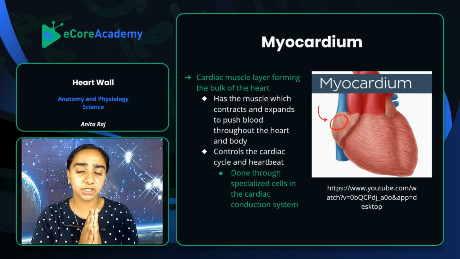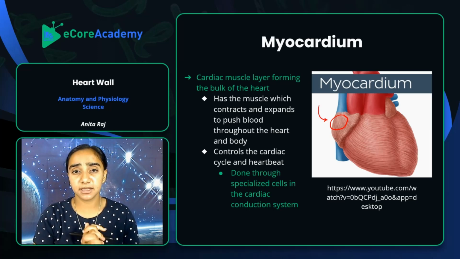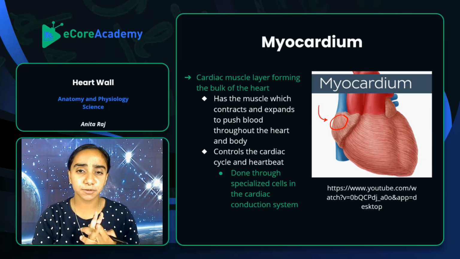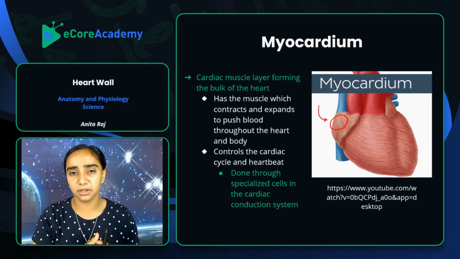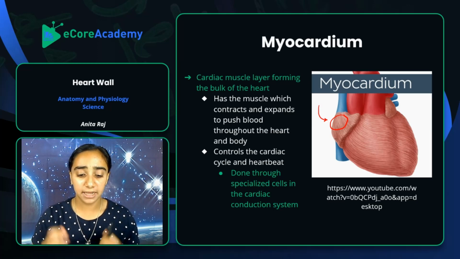It uses this to contract and expand. So contract as in the chambers of your heart are squeezing, expand as in the chambers of your heart are relaxing, and this rhythmic contraction helps to push blood throughout your heart and body. So without your cardiac muscle, there's really no way for your heart to be able to move so that it can pump blood throughout itself and your body.